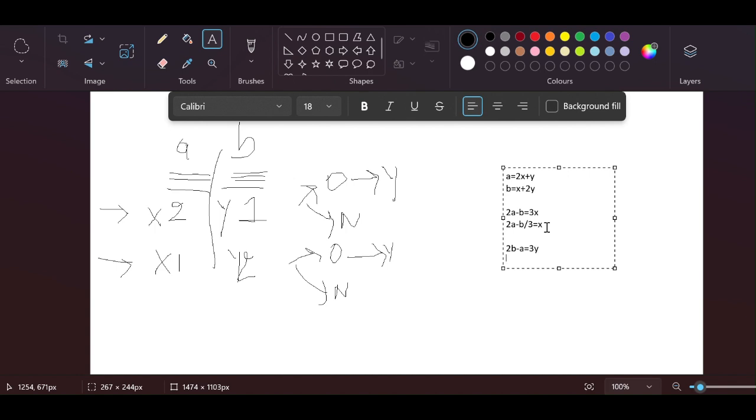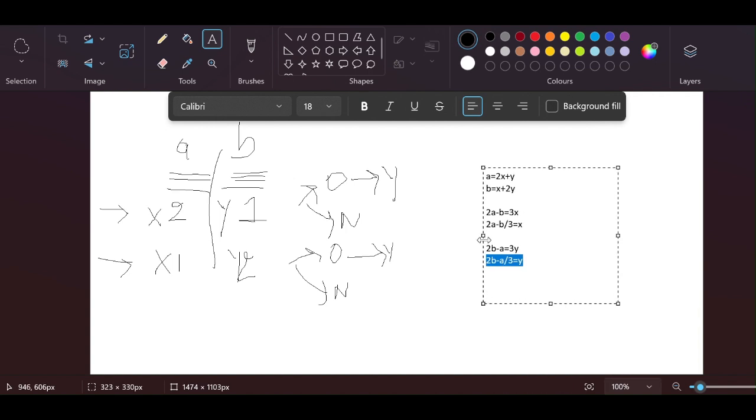So that means 2b minus a divided by 3 equal to y number of times. So these two are the resultant equations which we have to use in order to find whether we can make the zero number of coins in both the pills.